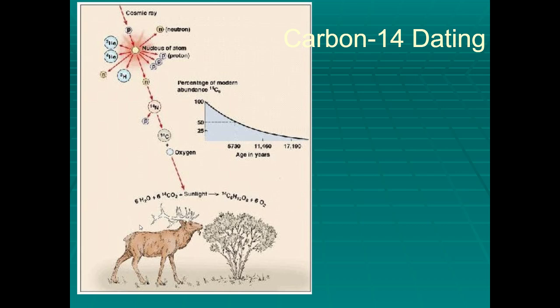Now, once you die, you're no longer taking in any more carbon-14, and the carbon-14 that's there is going to start to decay. So by measuring just how much of it has decayed, we can tell the last time that it started absorbing that carbon-14. But it only works to about 20,000 years-ish, so once again, this doesn't work with dinosaurs, only with things like mammoths and more recent time periods.